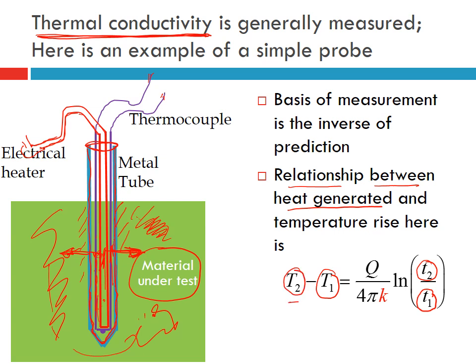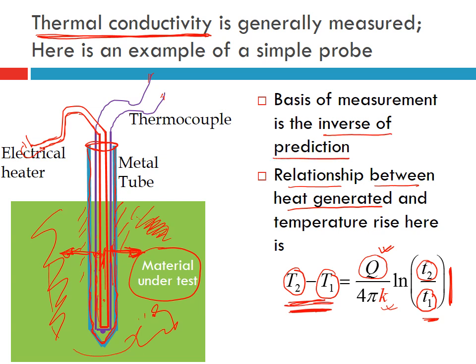Then those two temperatures are related to these two times this way when we know Q. Now normally you'll see that we would do a lot of problems where our goal is to get temperature as a function of time when Q is known and thermal conductivity is known. Here we want to do the inverse of that prediction of temperature.